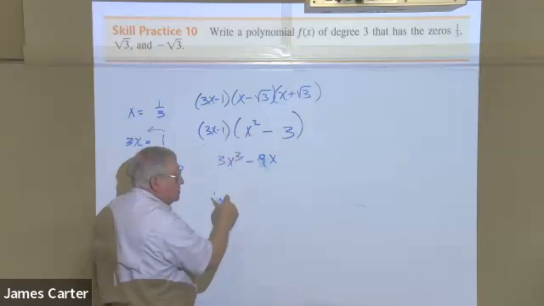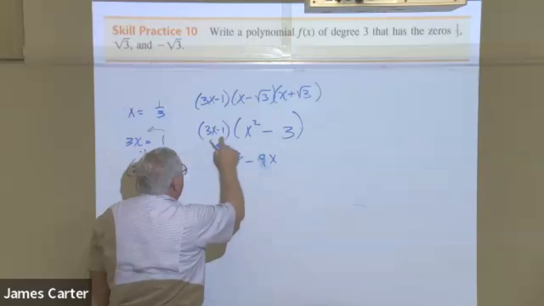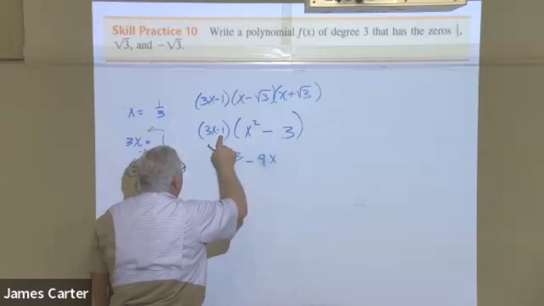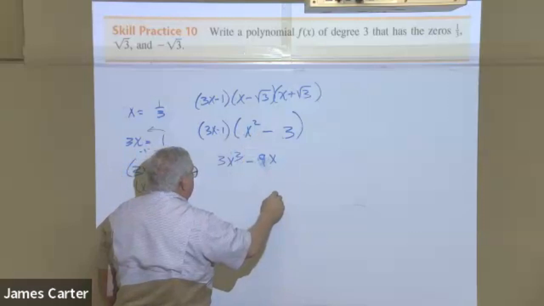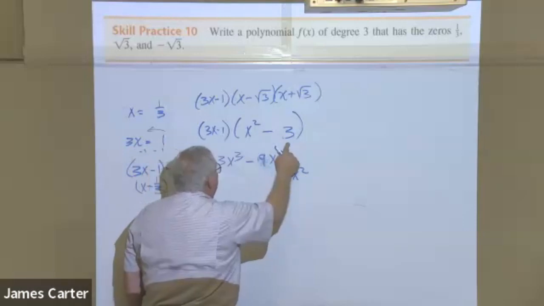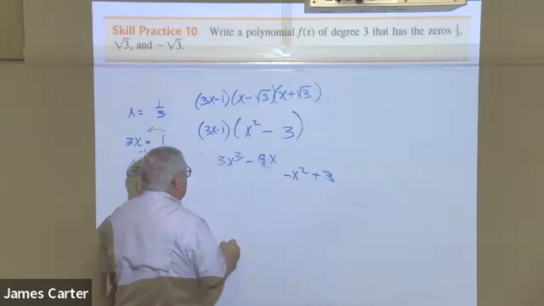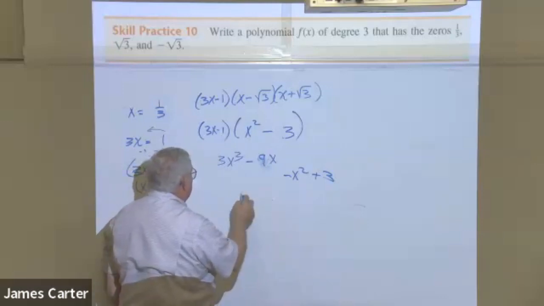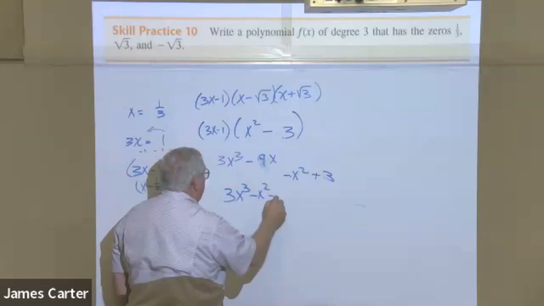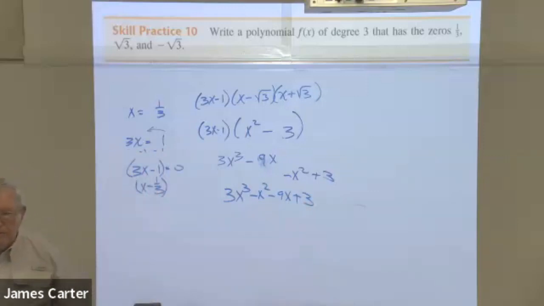Then negative 1 times x squared is negative x squared, and negative 1 times negative 3 is positive 3. So I combine like terms, which I have none, but put them in order. And there is my polynomial, third degree.